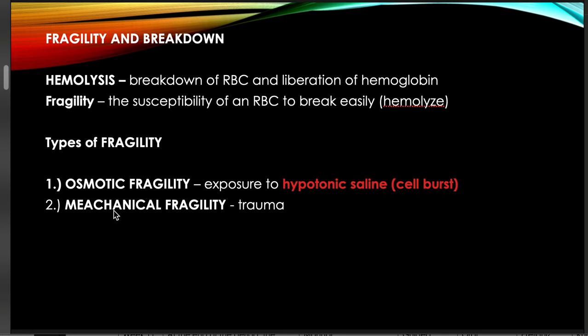There are types of fragility. Osmotic fragility: exposure to hypotonic saline, and the cell bursts. When the environment is hypotonic, fluid enters the cell, so it bursts. This will be explained in your analytical chemistry class or something.